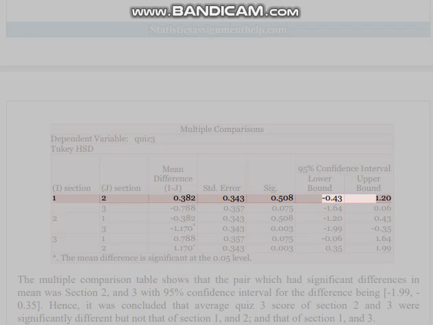Sections 1 and 2 differ by 0.382, standard error 0.343, Sig. 0.508. Sections 2 and 3 differ by minus 1.170, standard error 0.343, Sig. 0.003, with an asterisk. The mean difference is significant at the 0.05 level.